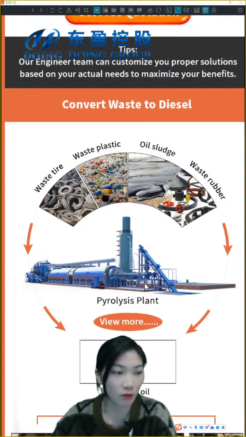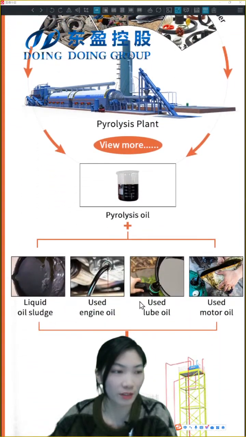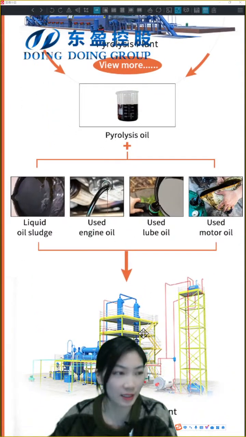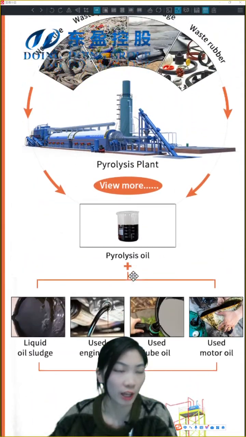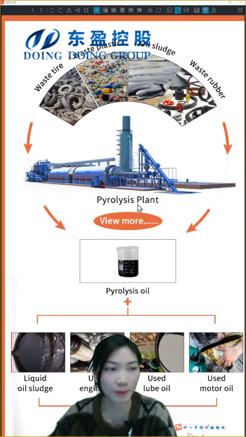Then the fuel oil, after refining, we can get the diesel. So if you have the raw material, used tires with plastic, oil sludge, or rubber, that's fine. You can contact us to consider the pyrolysis plant to get the fuel oil.